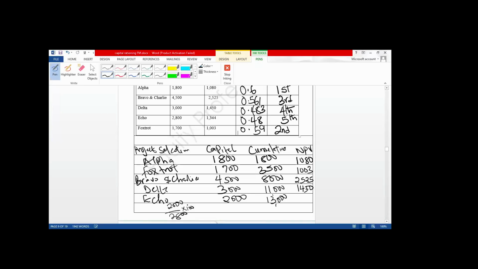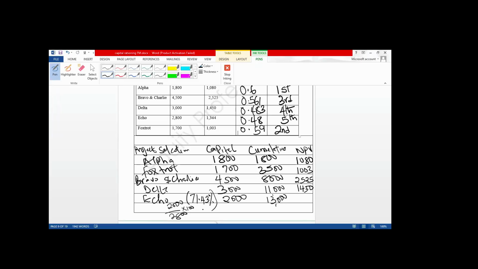Please work that out. We can only do 71.43% approximately, on the assumption that these projects are divisible.